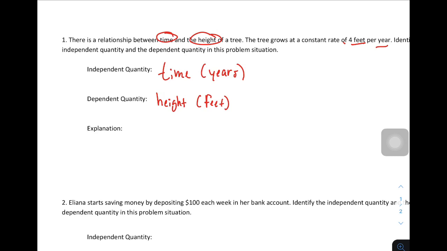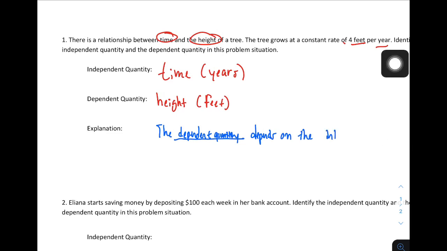That formula is: whatever the dependent quantity is, it depends on the independent quantity.